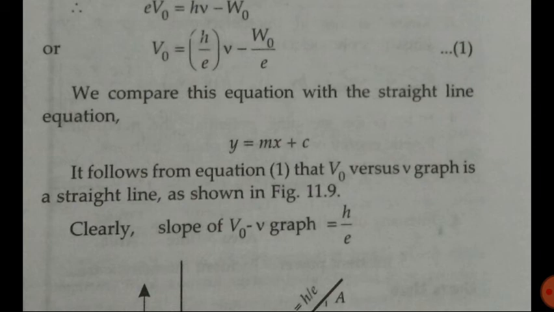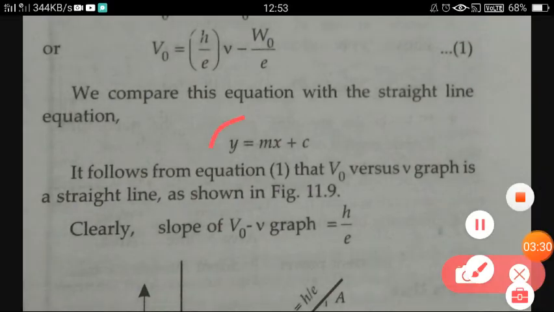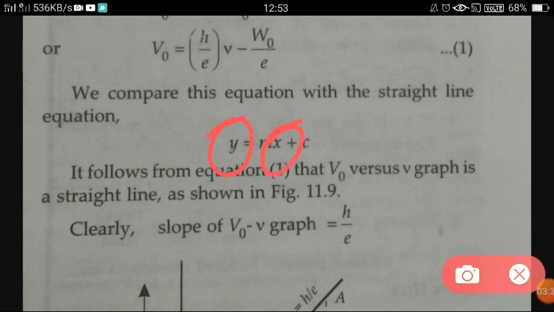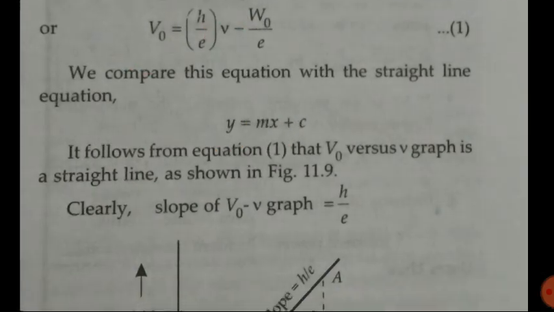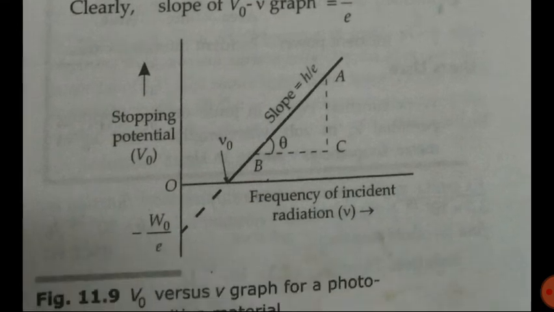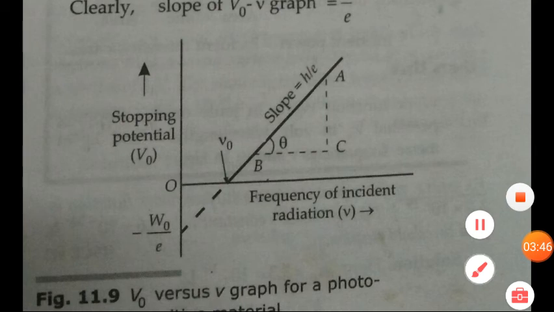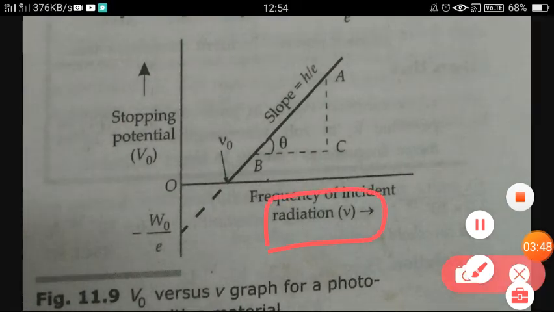Now when we draw the graph, we draw it between y and x axis, which means the graph is between potential and frequency. Here you can see there is one graph. On the x axis we have frequency, on the y axis we have potential.